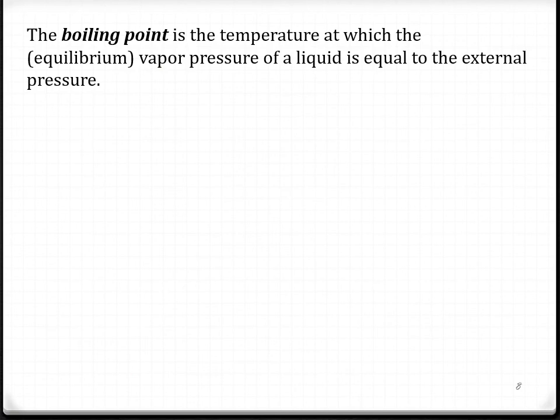Now we are going to look at the definitions of the boiling point, normal boiling point, critical temperature, and critical pressure. The boiling point is the temperature at which the equilibrium vapor pressure of a liquid equals the external pressure.